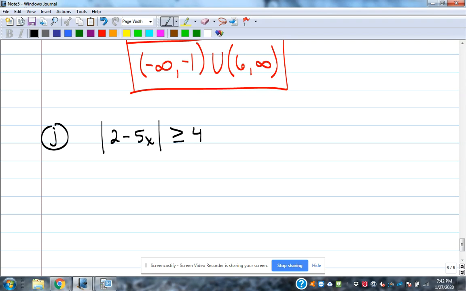On the left? Yes. So it's ready to decide "and" or "or." It's a greater than symbol, so it's an or problem. So we're just going to set up two inequalities: 2 minus 5x greater than or equal to 4, or 2 minus 5x, flip, change.